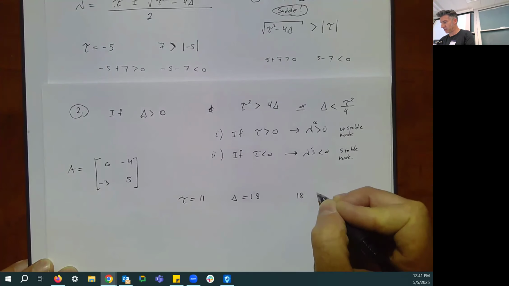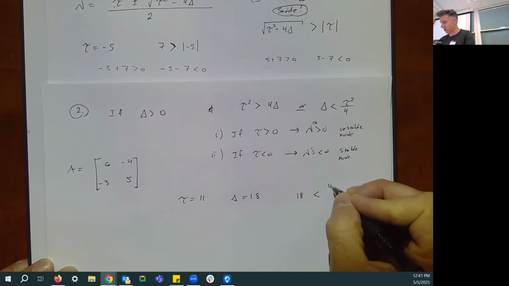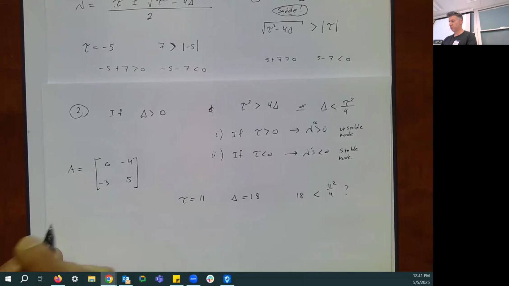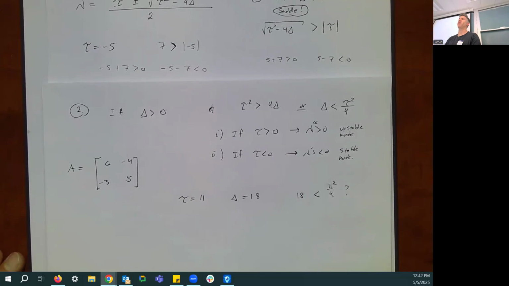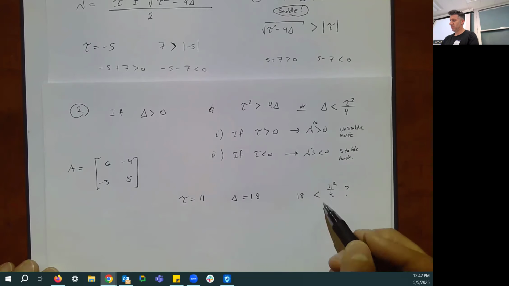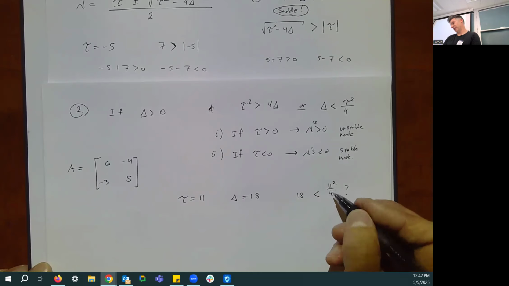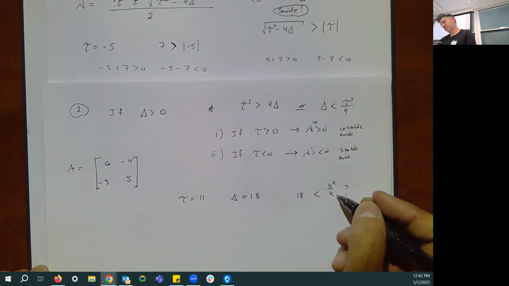Is 18 smaller than 11 squared over 4? Who wants to answer that question? Not me. But it is. 11... oh, no, it's not. It's not? Did I do the wrong thing? No, I don't think so. See, this is why I don't do it. I'm like, is it? I don't know. Maybe. It could be.